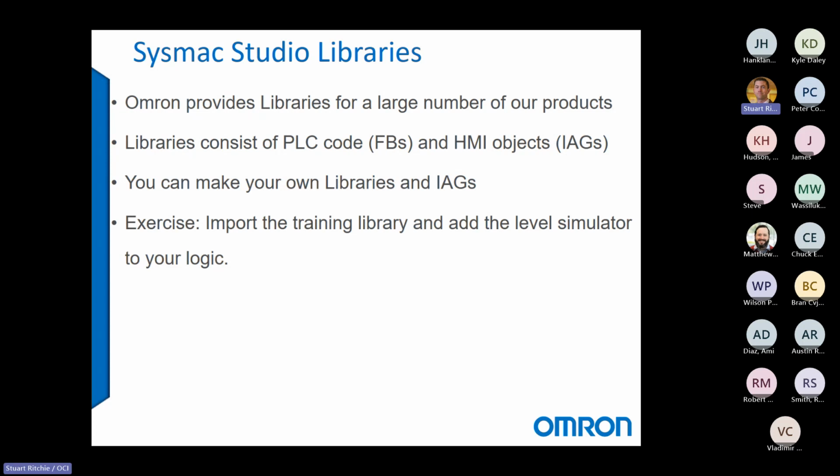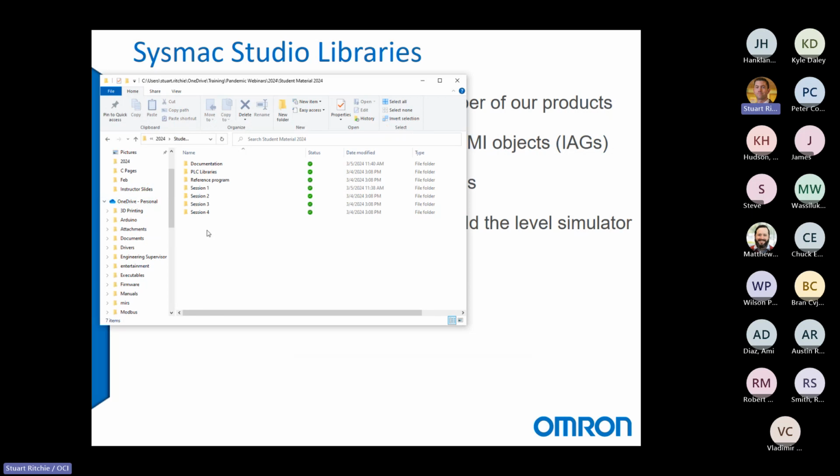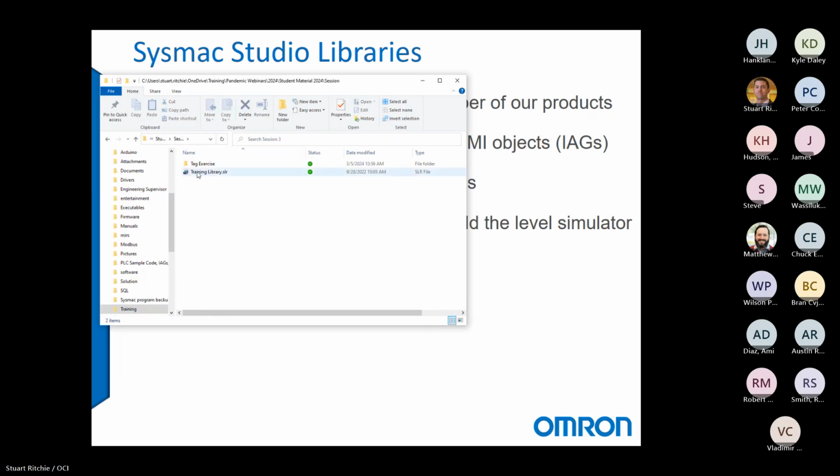Now, in the student material folder that I sent out, just going to open it up here. Can everyone just open up that student material folder and make sure that you have session 3 training library.slr.